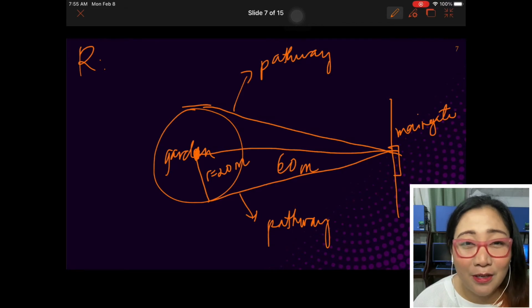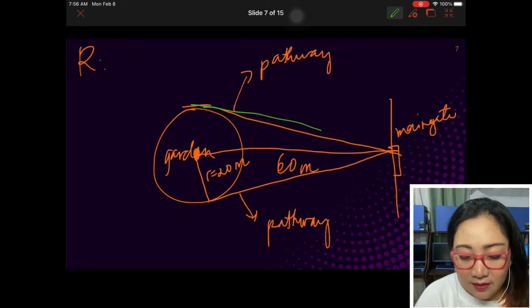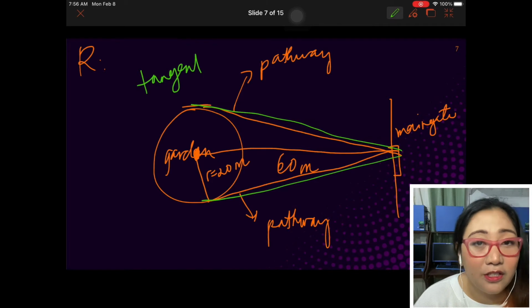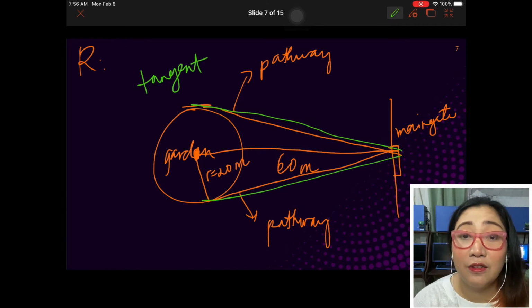Okay? So, since ito na yung itsura ng park natin, what does it look like to you? Diba? Ano yung theorem kaya yung mga apply natin? So, gagamit po ako ng green pen for this. So, if you would look, yung ating pathways are tangents. Right? They are both tangent to your circle. And then, we need to find the length of your pathways or yung distance ng bawat isang pathway from the main gate to the garden itself.